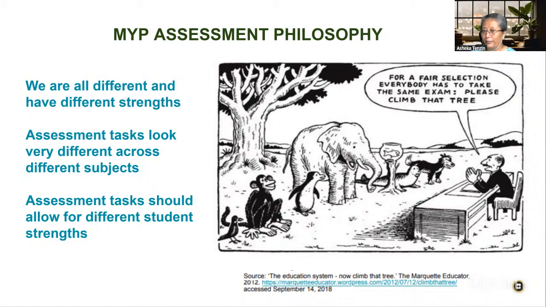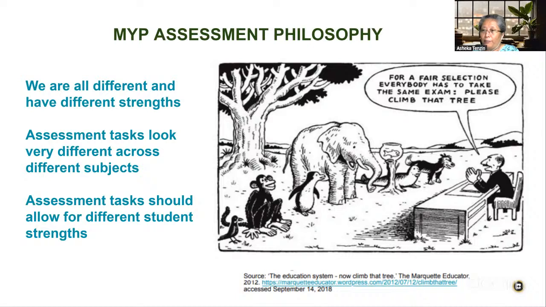Not everybody can climb that tree, right? So an assessment has to be fair so that everyone can participate in it. We know that all students have different strengths and different abilities. And if you have only one type of assessment task, then it is not fair to all our students.